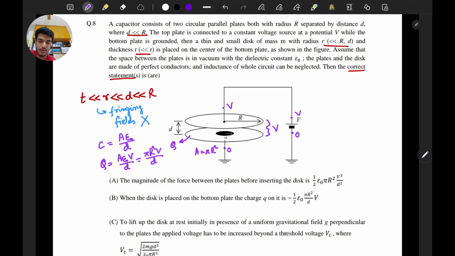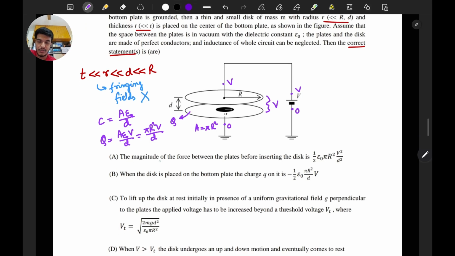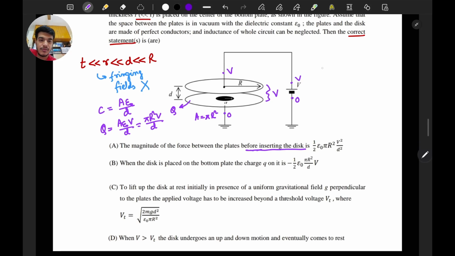And now if I have to calculate the force, because you have to find the magnitude of the force between the plates before inserting the disk. So just when this was a simple capacitor system, the force, we know, would be sigma by 2 epsilon naught, which is the electric field acting on this capacitor plate, into q, and sigma is q by A, right?